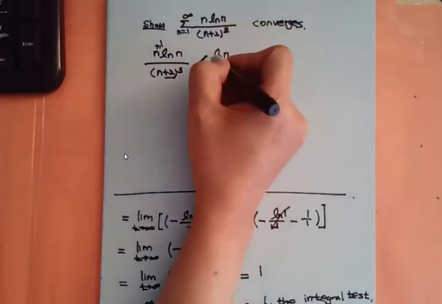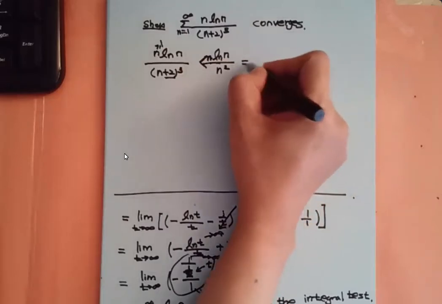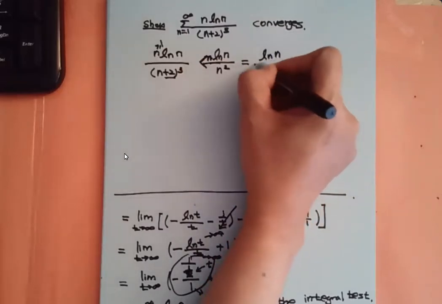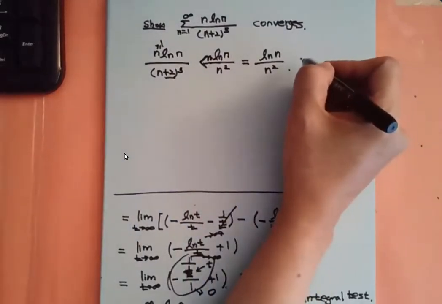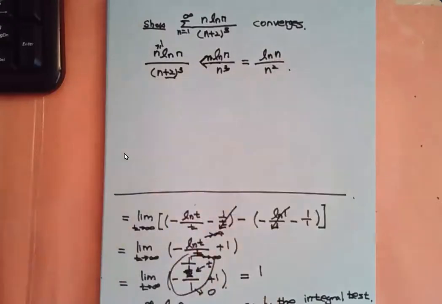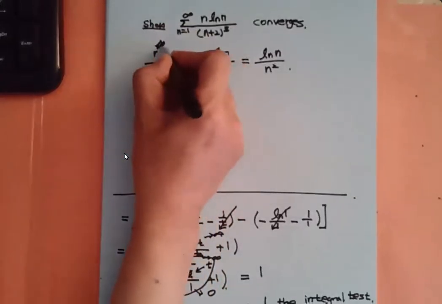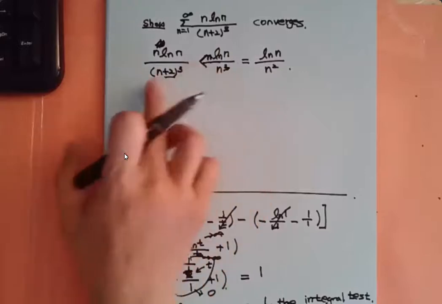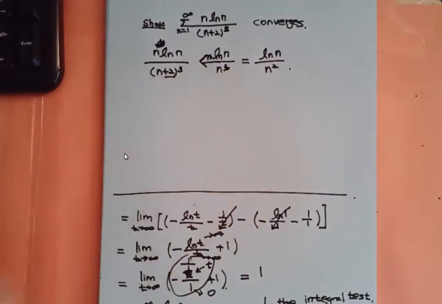So we want to think about n times natural log of n over n squared, n. It was, I think, cubed and then squared, so actually the same. So the denominator is larger, and so the entire fraction is smaller.